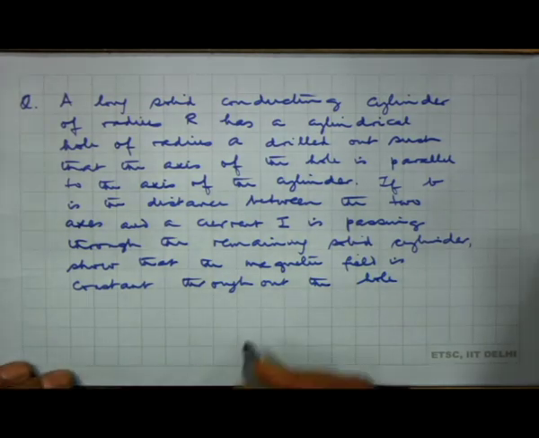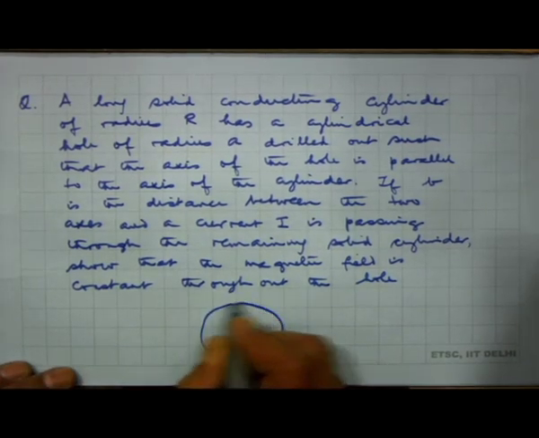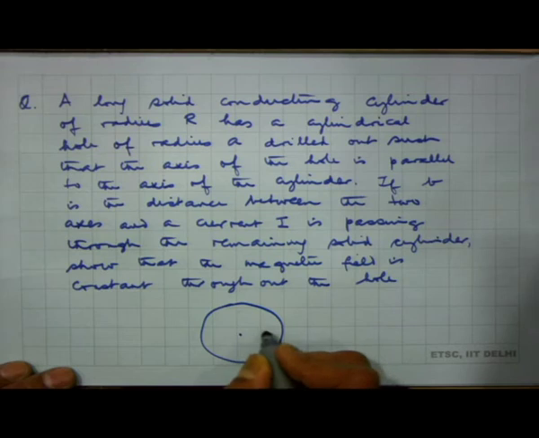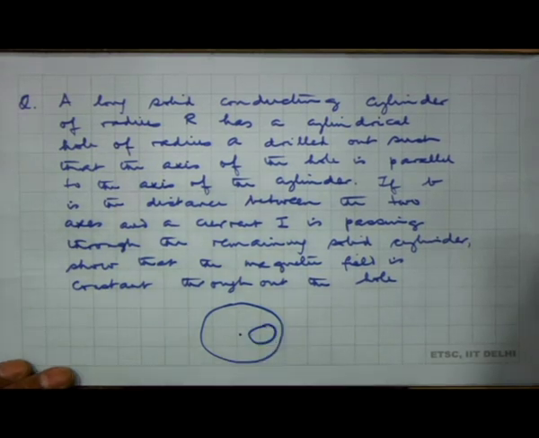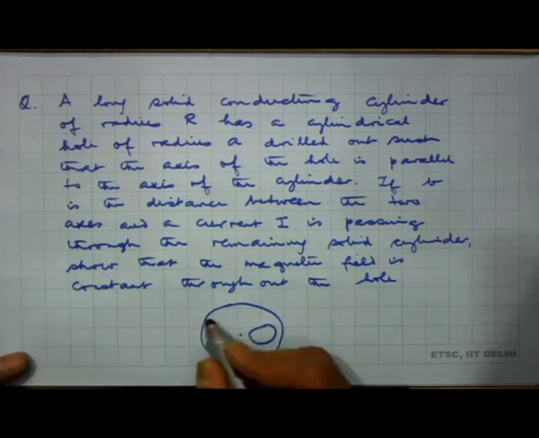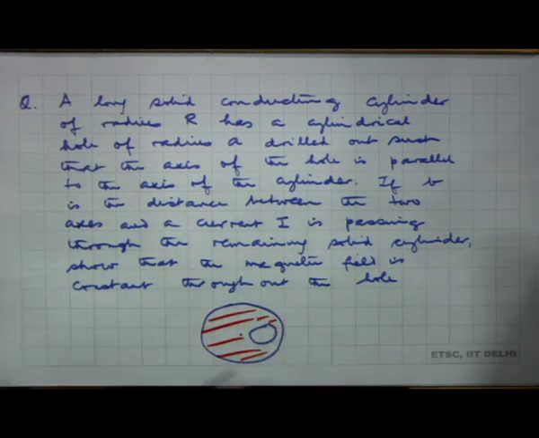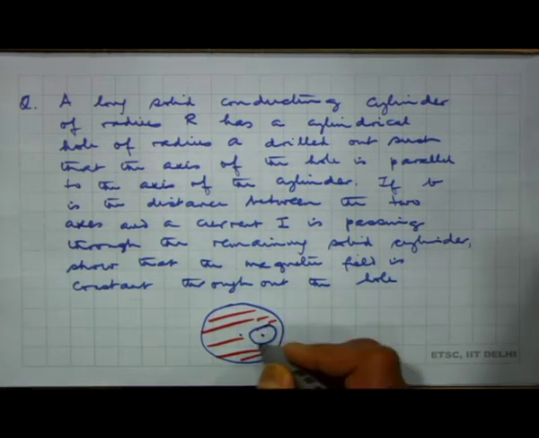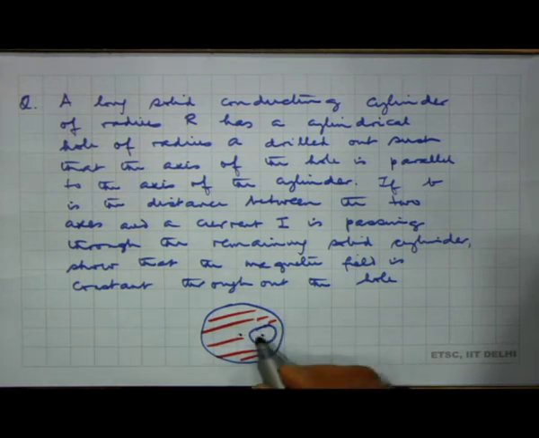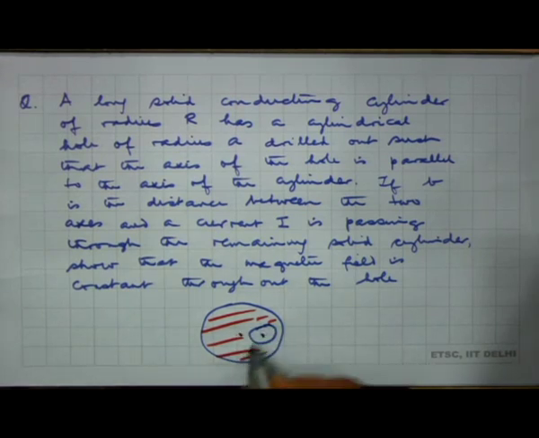So, the problem is essentially like this. I have a solid cylindrical conductor, and I have a hole drilled out. So, the conductor now has only this part, and this is the hole, and this hole axis is parallel to the axis of the cylinder, and this distance is given as B, and a current I is passing through this entire structure.